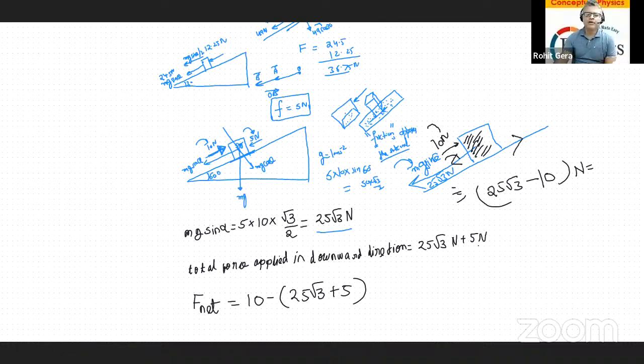So 25 root 3 minus 10 brings in that feeling of downward, and therefore the friction appears and says, okay, then I will be upwards, and therefore more subtraction. So throughout the motion the body faces this much amount of force.